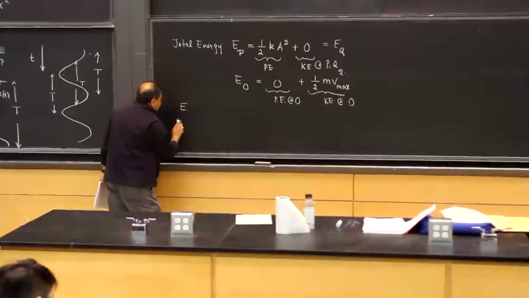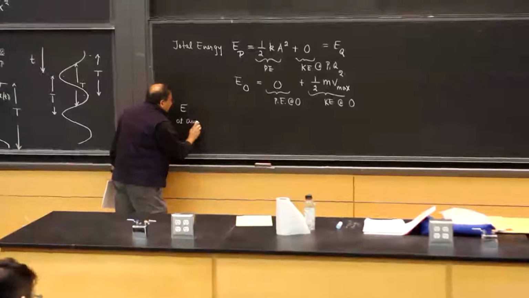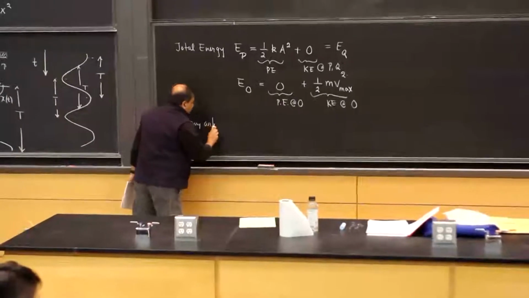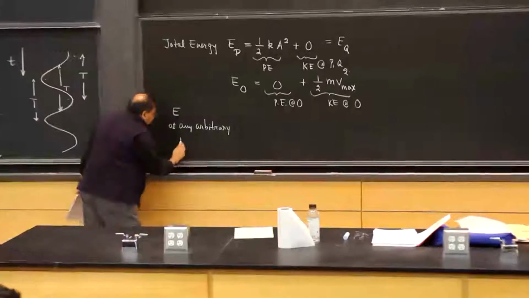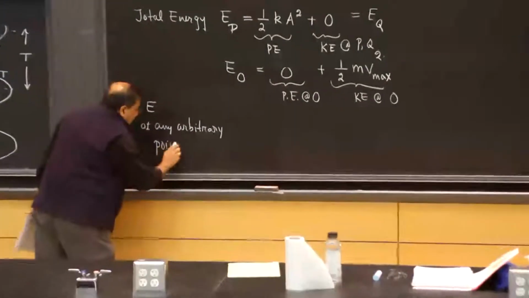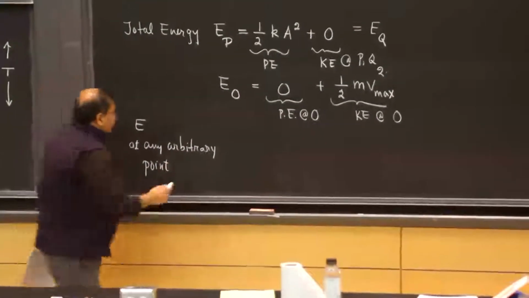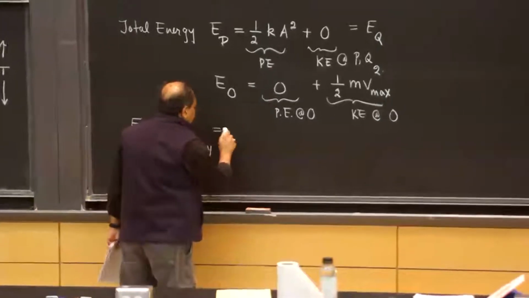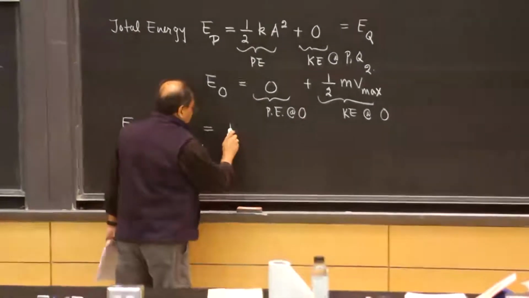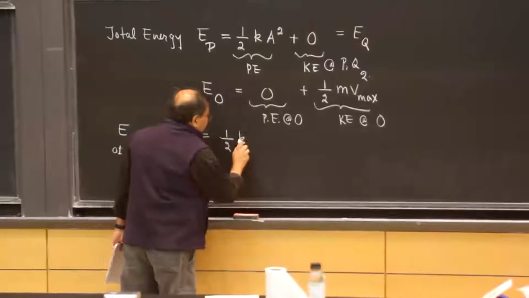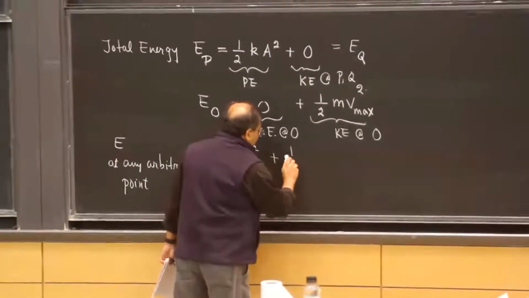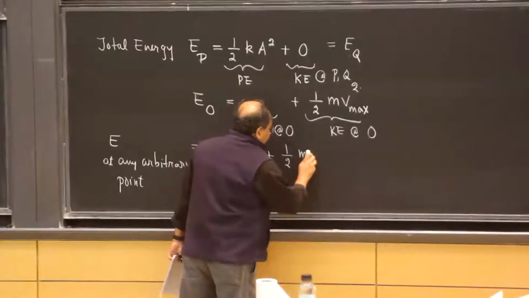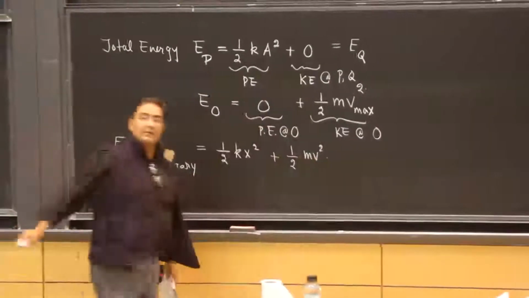So this is energy E at any arbitrary point through which the oscillator moves. Since energy is going to be conserved, at any arbitrary point, I have two pieces. I have a potential energy, which would be 1/2 kx squared, and I have a kinetic energy, which would be 1/2 mv squared. So that's what happens at any given point.